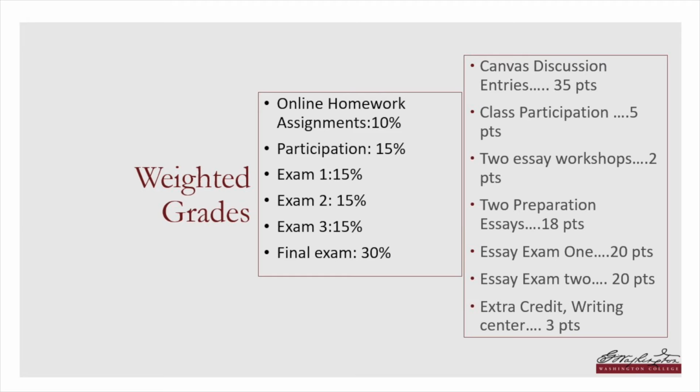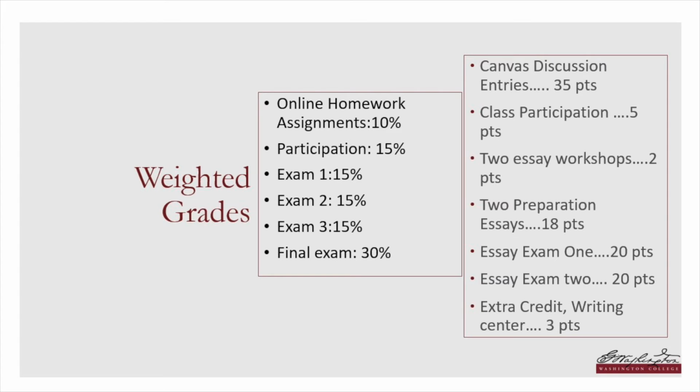So you know that your exams are all worth more than your online assignments, but your participation gives you the same amount of credit as each of your exams other than your final grade. In another class, maybe you have to do Canvas discussions, and altogether, the ones you do across the whole semester are worth 35 points.